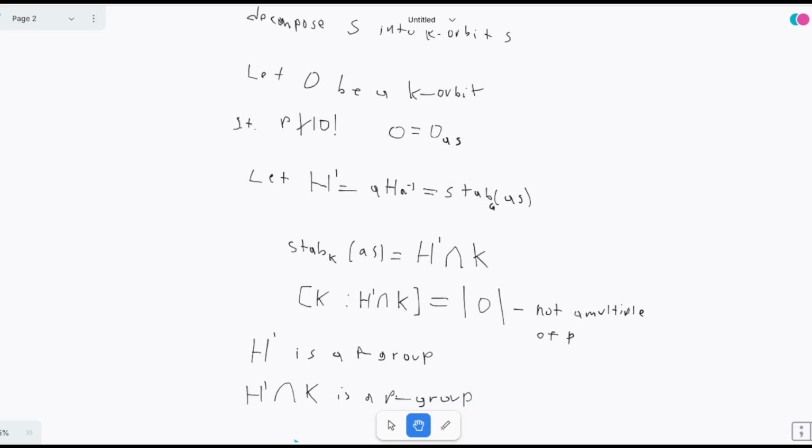And it must be, therefore, a Sylow subgroup of K.